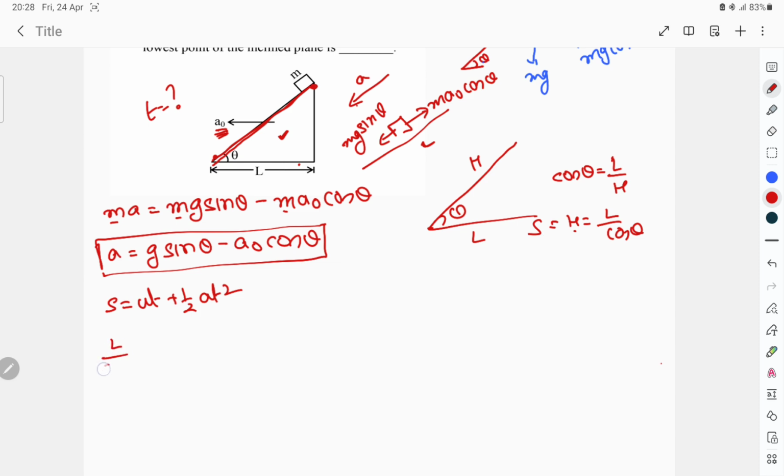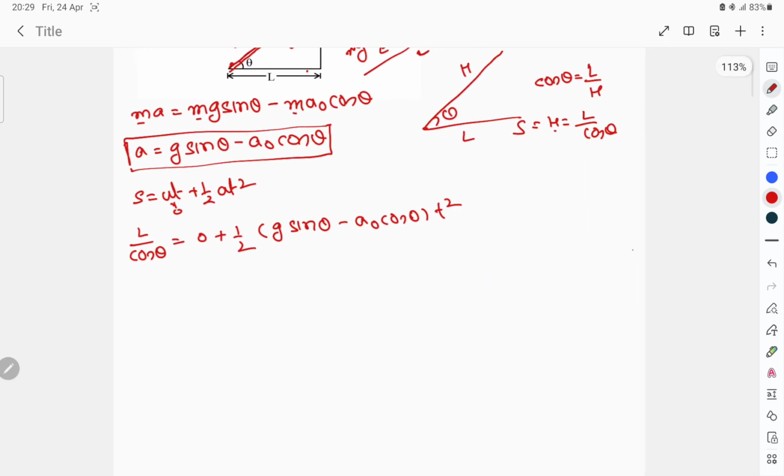So L by cos theta is equal to initial velocity 0, so 0 plus half a, where the acceleration is g sin theta minus a0 cos theta, into t square. Here the 2 will go to this side. So 2L by cos theta is equal to g sin theta minus a0 cos theta into t square.